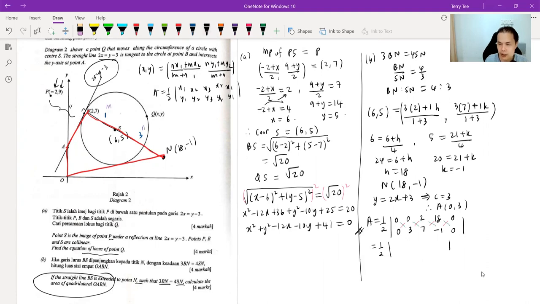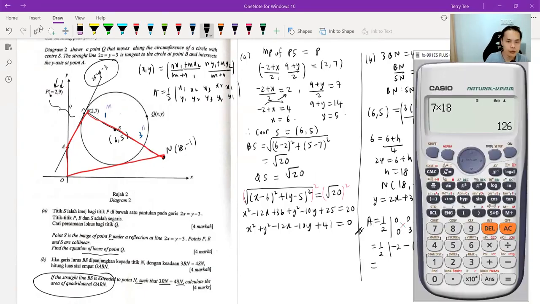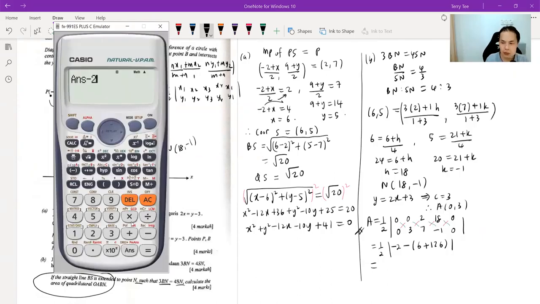Let me just work it out again. So 0, 0 minus 2, 0. Going up, 0, 6, 1, 2, 6, and 0. So this will give us, let's use a calculator, minus 2 minus (minus 6) plus 126.